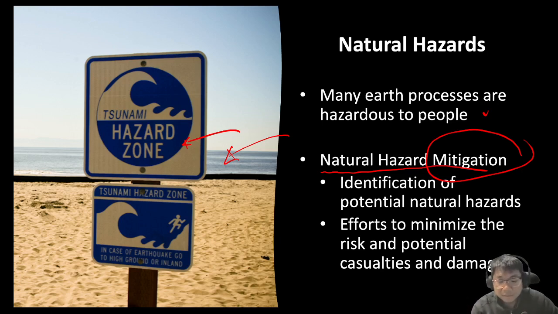And there are a lot of natural hazards, and each region typically has its own natural hazards. So for example, here in the eastern part of the United States, we don't have lots of earthquakes, and there's a reason for that. Hopefully, you'll learn that through the next modules.